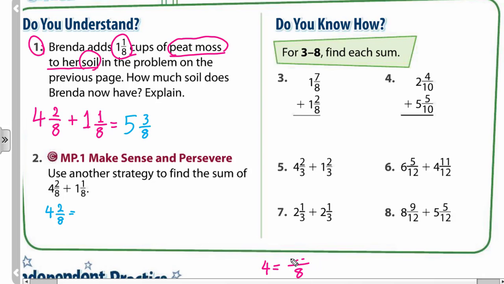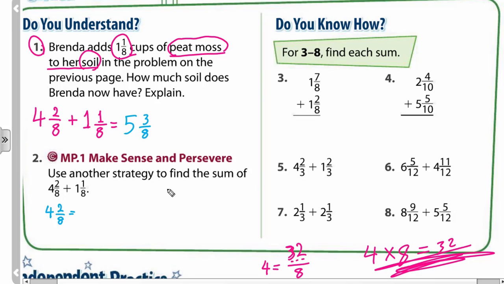So the 2 is 8/8 plus 8/8. So the 3 is 8/8 plus 8/8 plus 8/8. So the 4 is how many 8's? So how many 8's in all? 32. Teacher, 32. Okay, can you tell me why it's 32? Because 4 times 8 equals 32.